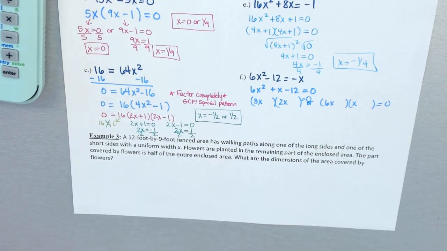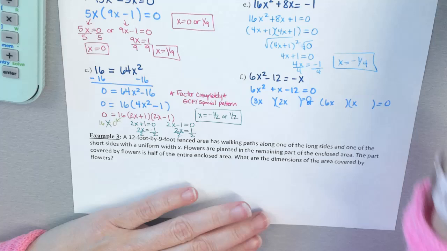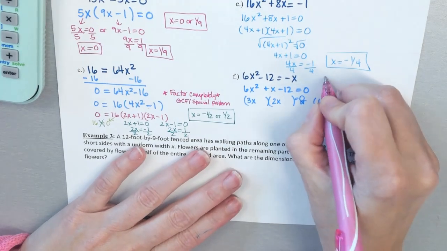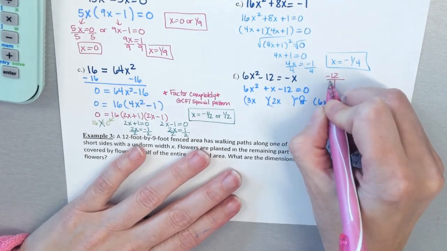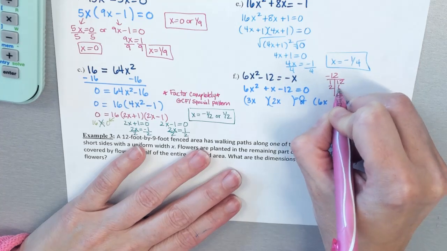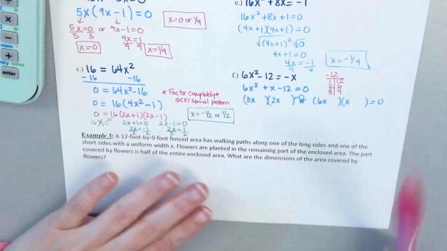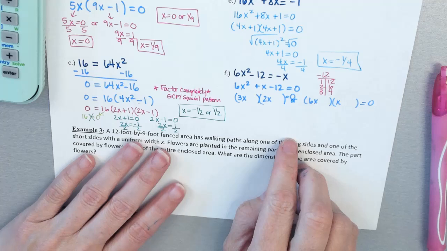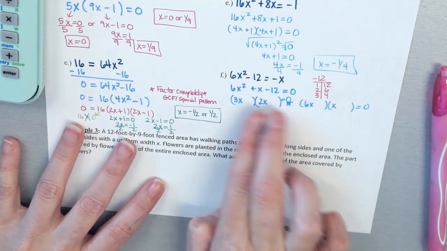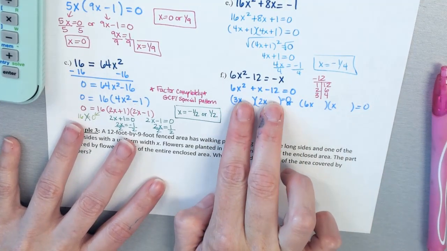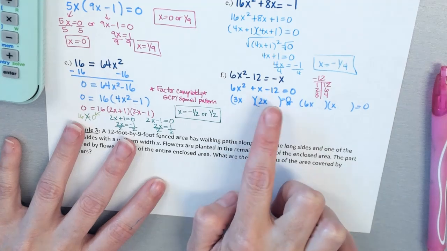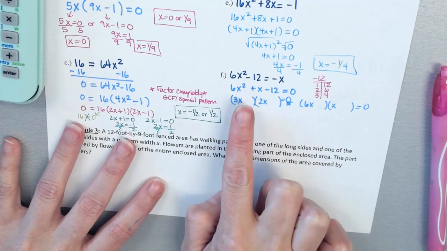And now it's equal to 0. So if you have a -12, you only have a certain number of options, right? It's either 1 and 12, 2 and 6, 3 and 4. So the most options you have is 6 options for each one, like 1 and 12 or 12 and 1, 2 and 6, 6 and 2, 3 and 4, 4 and 3.